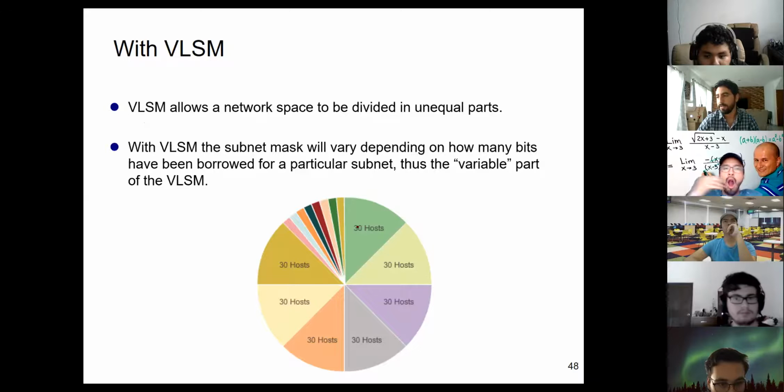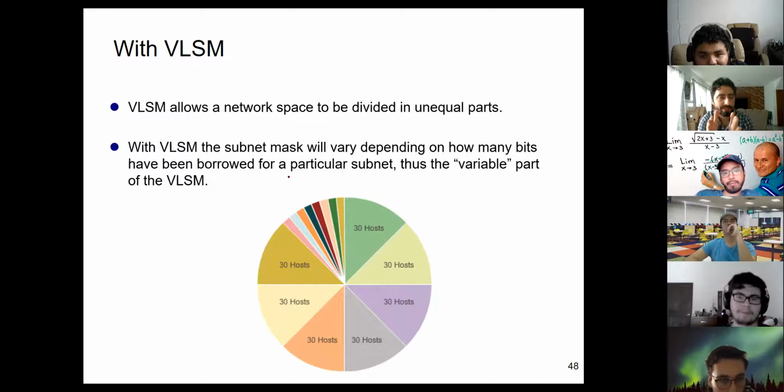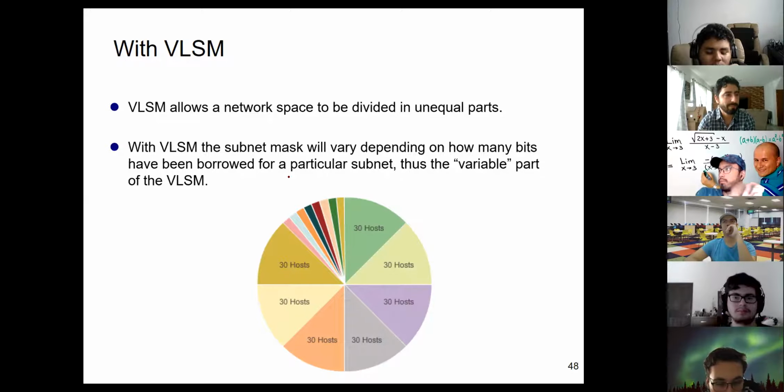For example, you remember the example of the barrel of apples, we said you can divide 100 apples into baskets of 20 apples, then that last basket of 20 apples you can divide into 5 baskets of 2 apples, right? So basically the idea is the same. You want to do the subnet of subnets in order to manage the IP addresses much more efficiently, not to waste them.